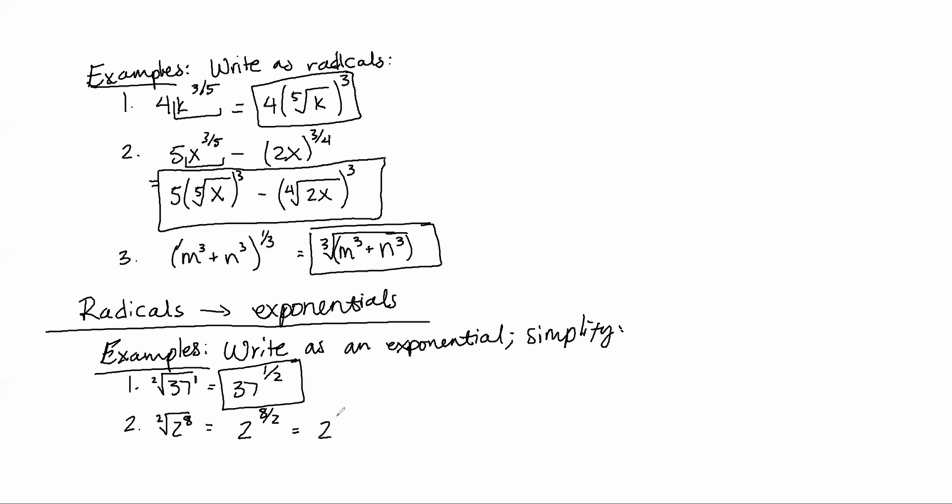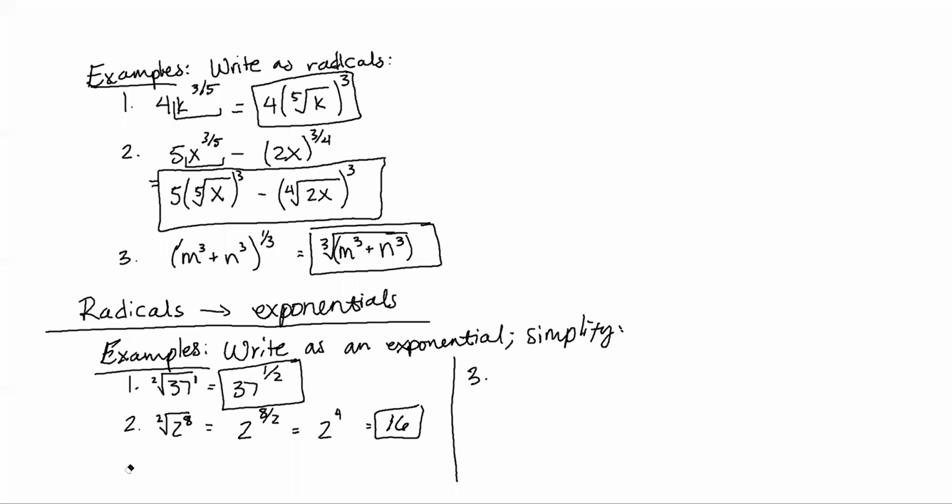So we can actually write this as 2 to the 4th. And 2 to the 4th, 2 times 2 times 2 times 2 is 16. So we took the square root of 2 to the 8th, and we wrote it as 16. So it simplifies it down. For this one, we just couldn't simplify it in number 1. Let's go ahead and try a couple more of these.